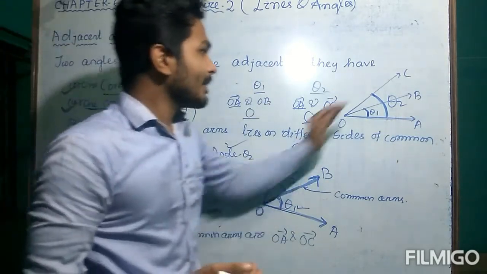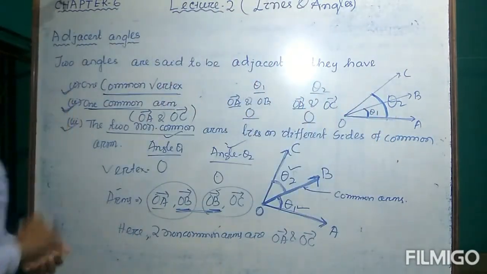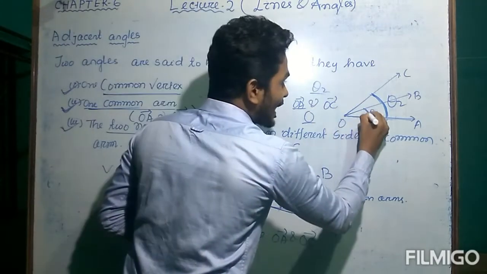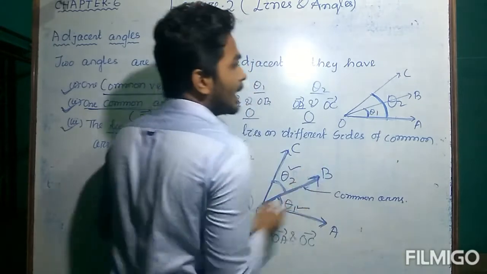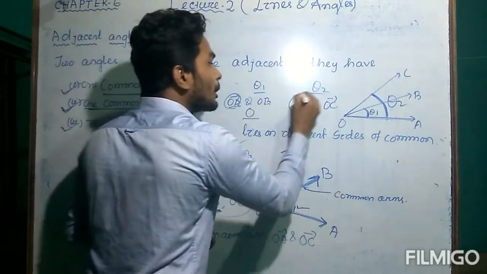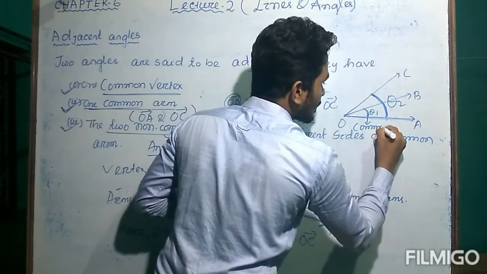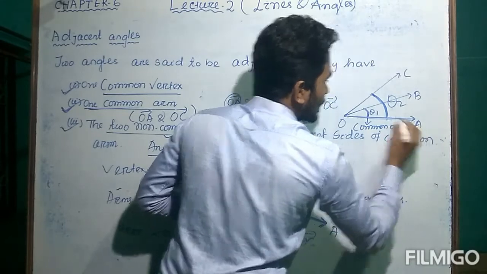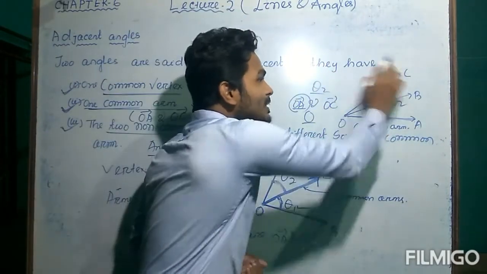Now can we say these two angles are adjacent? Let us check the third condition. For the angle theta 1, we have two arms OA, OB. For angle theta 2, OA, OC. So OA is the common arm. Write it: this is the common arm. So the two non-common arms are OB and OC.